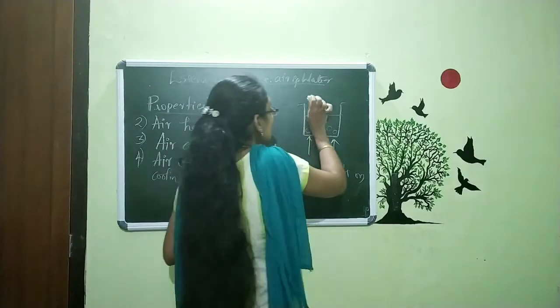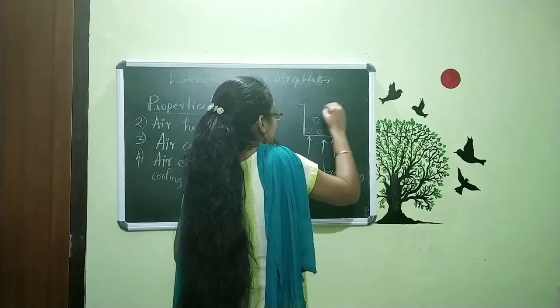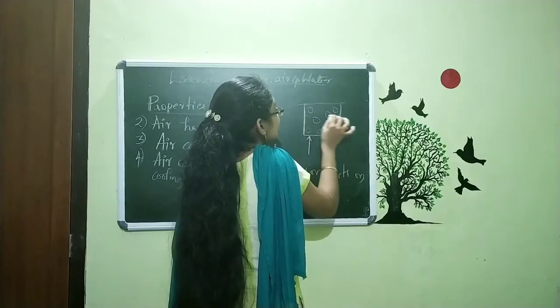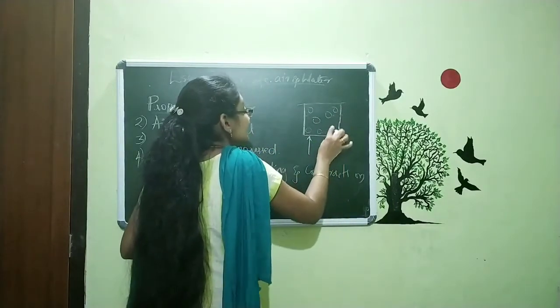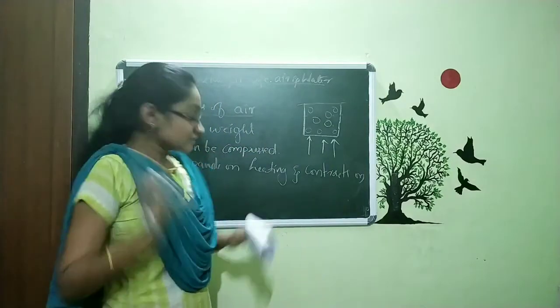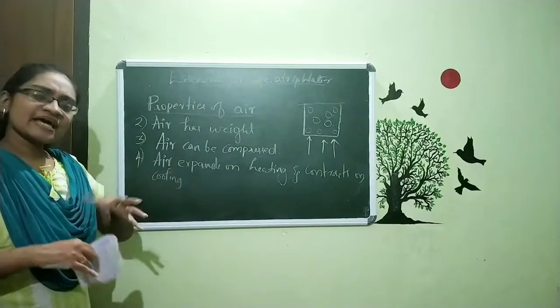So these molecules are moving away. At first, our gas is only this much, but when I am heating this, they are getting expanded, and so they need more space. So we can say on heating, for air there occurs expansion.